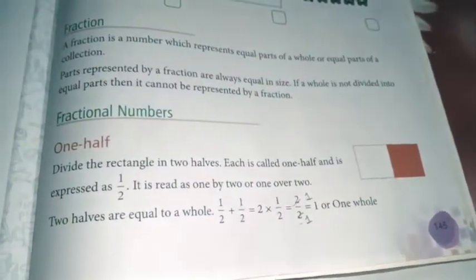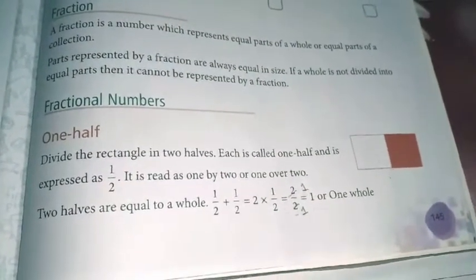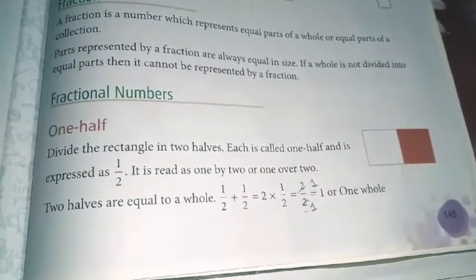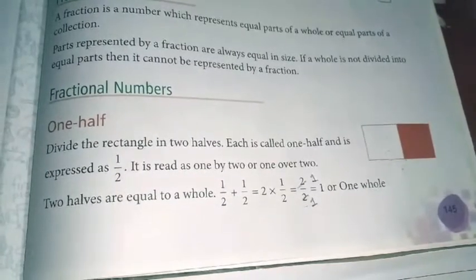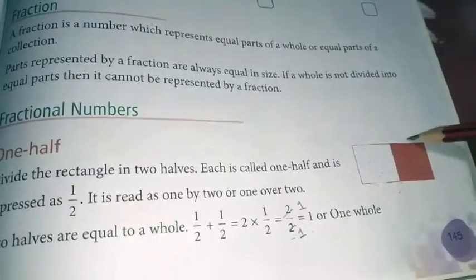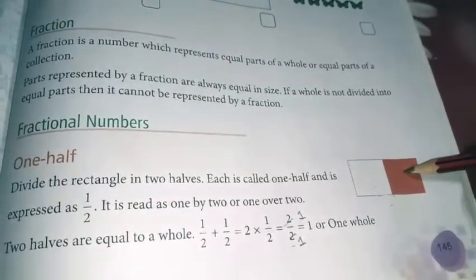So you understand what is 1 half. When a fraction is written as 1 by 2, or when a figure is divided into two parts, that is known as 1 half. Each part is known as 1 half. You see in the figure, this is a rectangle and you put a line in the center. It is divided equally into two parts.